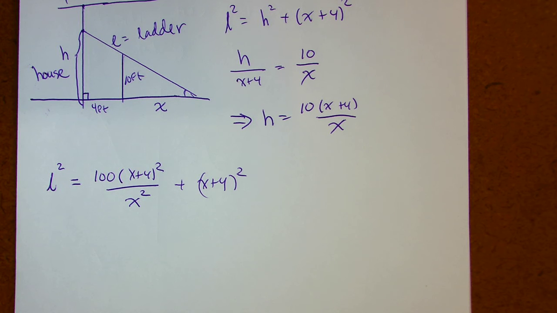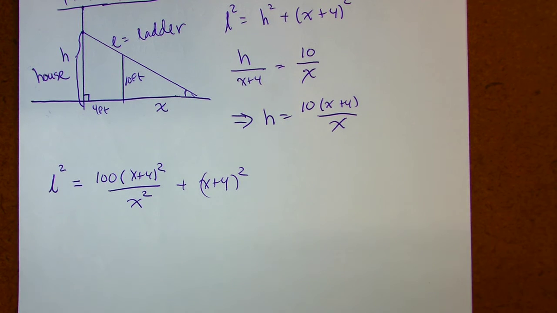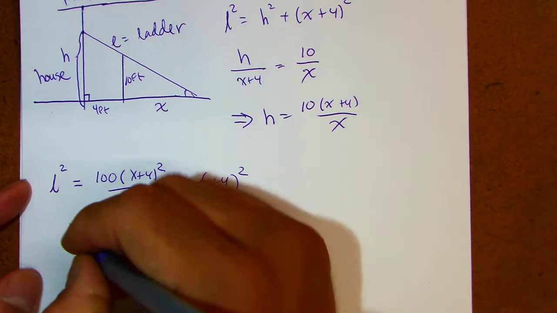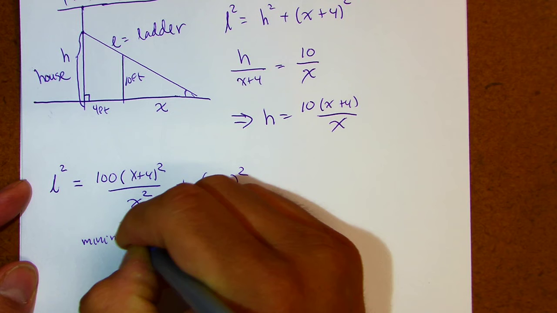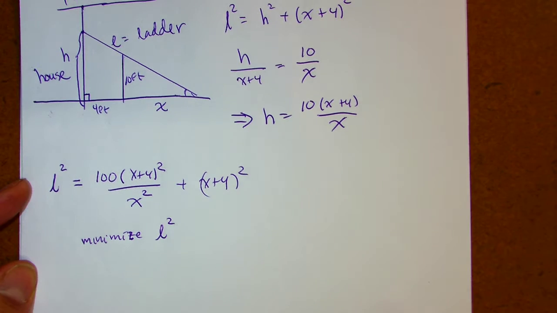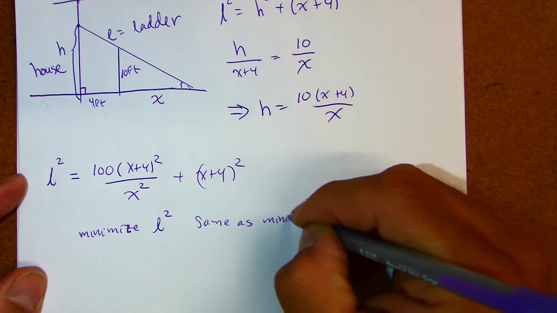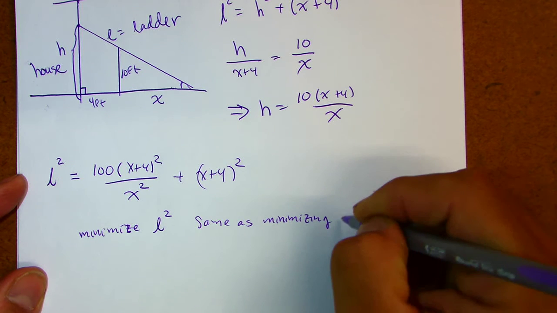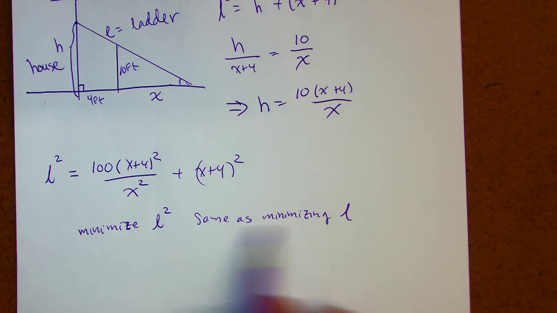Now, one thing to realize here is this length of L, the ladder here. So when I find the derivative, I only have to minimize L. Right, they're both positive values, so these are two equivalent statements.